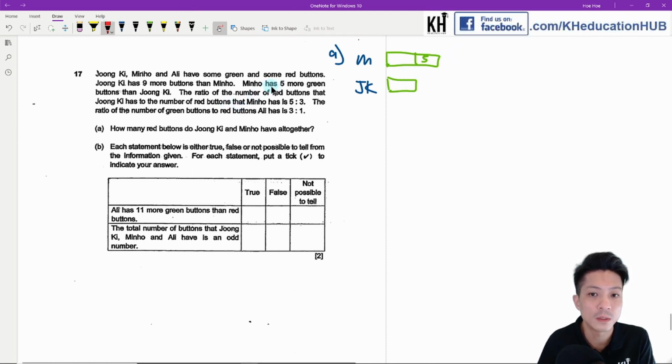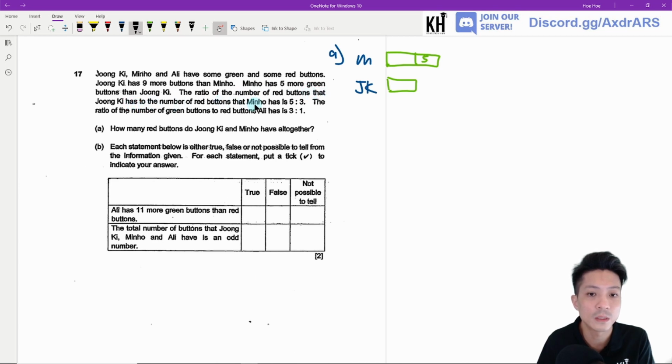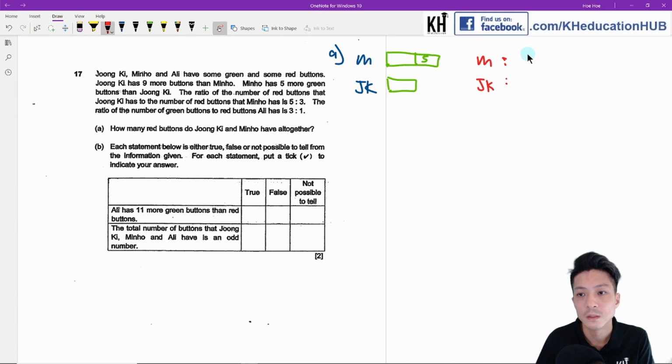Okay, and then the thing is that the ratio of the number of red buttons that Joong Ki has to the number of red buttons that Minho has is 5:3. So let me use red for this. So you'll be 3 units, 5 units.